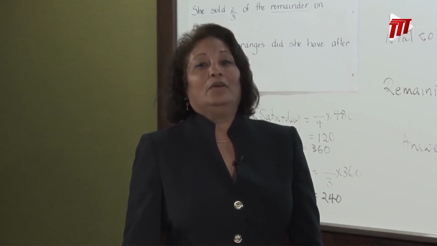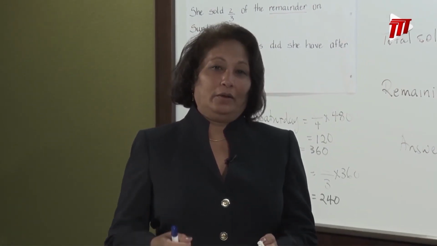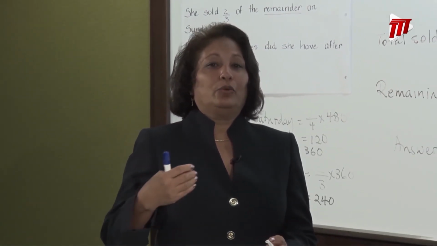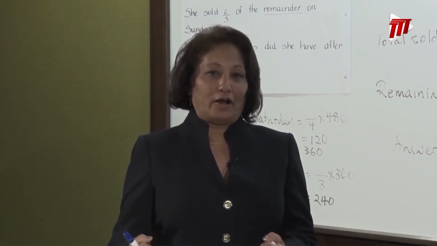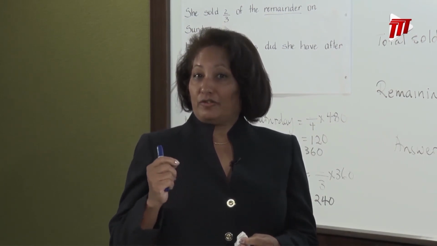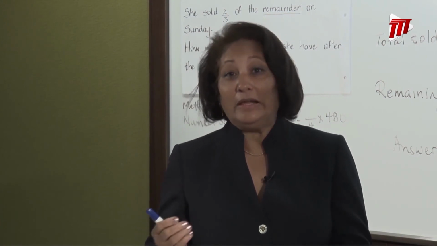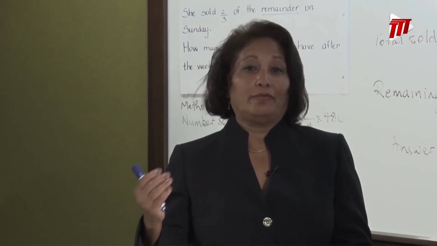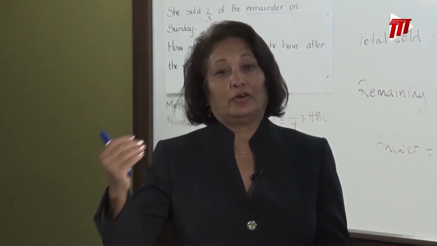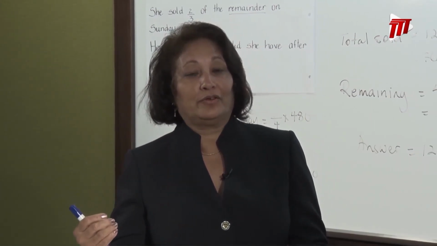Okay? So what we did today in summary is we looked at subtraction of fractions. Sometimes the fractions have the same denominator, which is easy in that all we have to do was to keep that denominator and subtract the numerators.